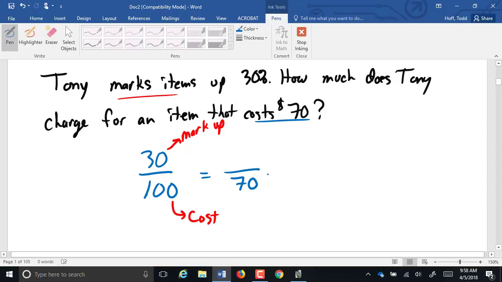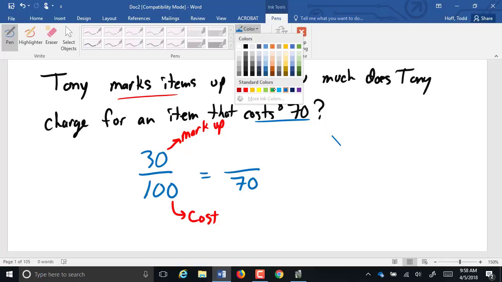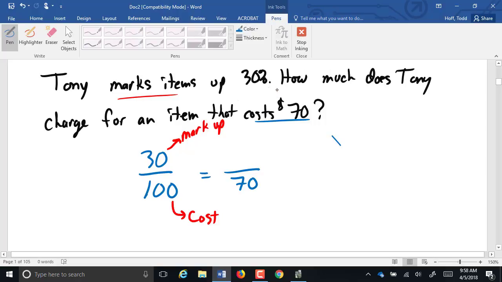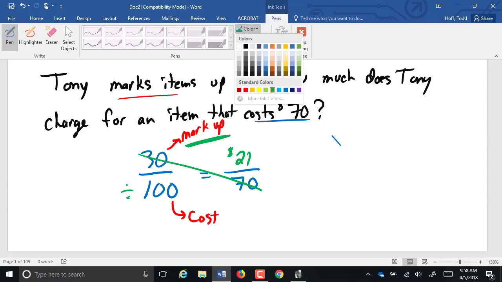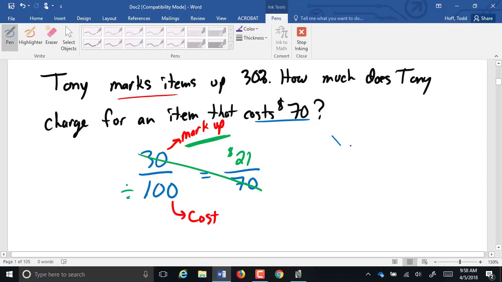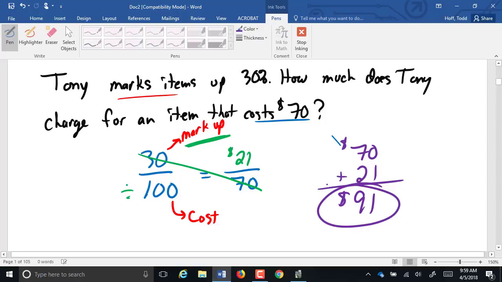So that's going to go on bottom. We will cross multiply and divide. 30 times 70 divided by 100 is 21. What's the 21 represent? Markup. Is that what we're looking for? No. Once again, this time it's not subtracting it from the 70, it's adding it to the 70. $91 is what Tony is going to charge.